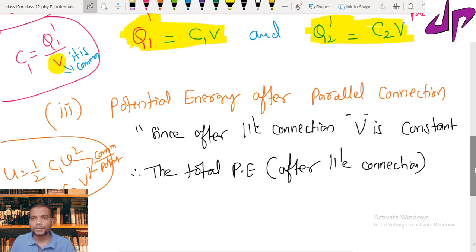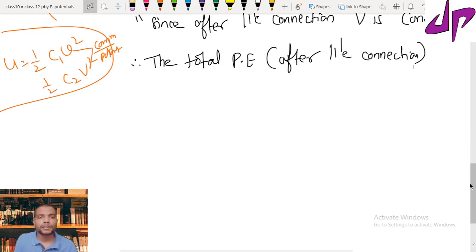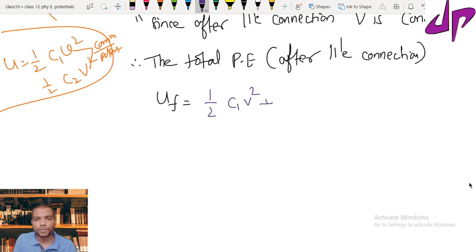we can write the expression for the total potential energy after parallel connection, that I can take as U final, which equals half C1 V square plus half C2 V square. Here V is the common potential, so we can simplify that.